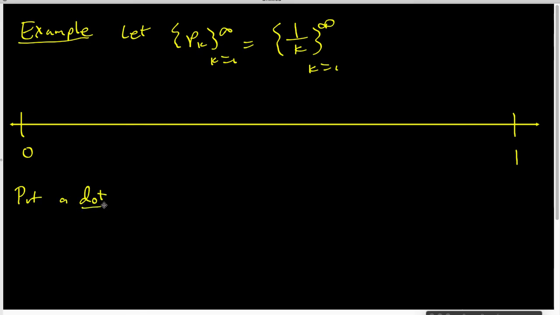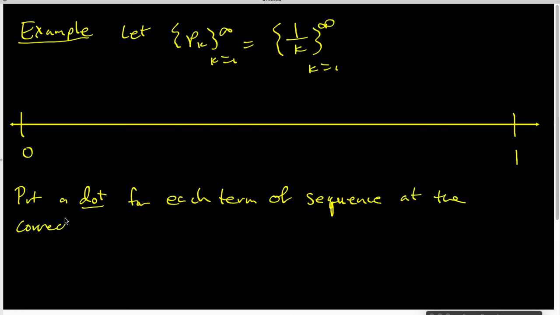And what we are going to do in order to graph this particular sequence is we're going to put a dot for each term of the sequence at the correct place on the number line, and we will label it as pk.